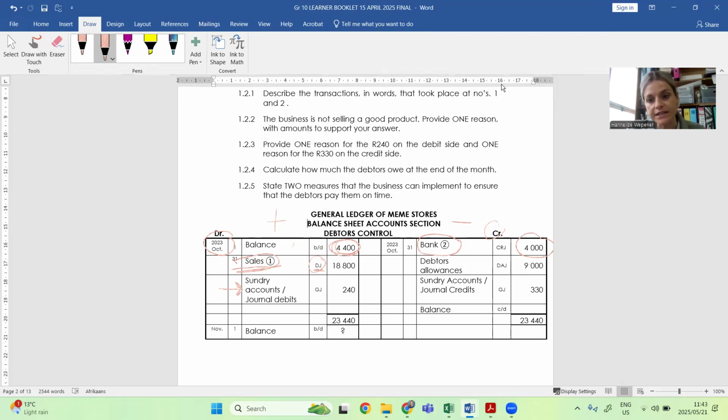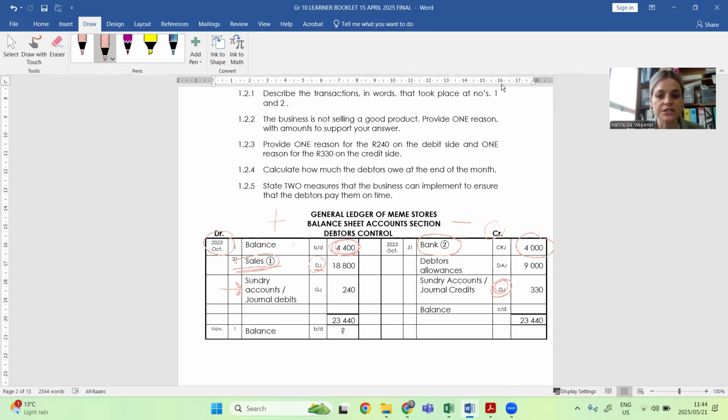Then a decrease, the most obvious one is a debtor who has been written off as insolvent, or maybe your debtor just can't make payment and he disappeared because he's avoiding you now. Then you are also going to record that in the general journal, and it will be a journal credit. Could also be that it's a correction that you made, or it could be that you transferred a debtor's balance to the creditor's ledger.